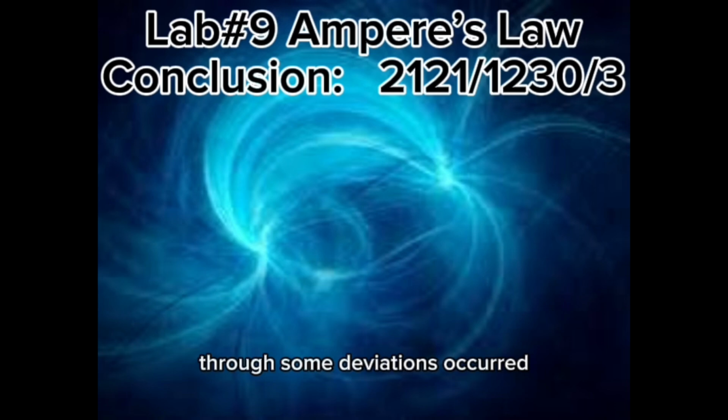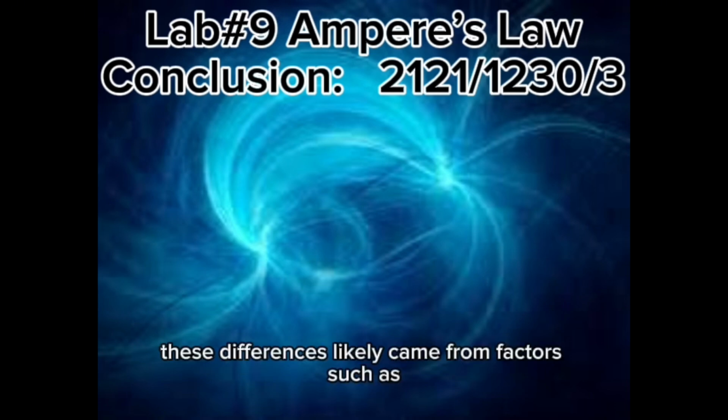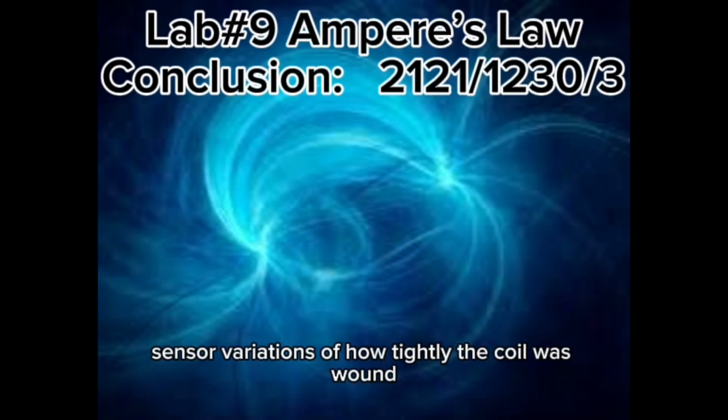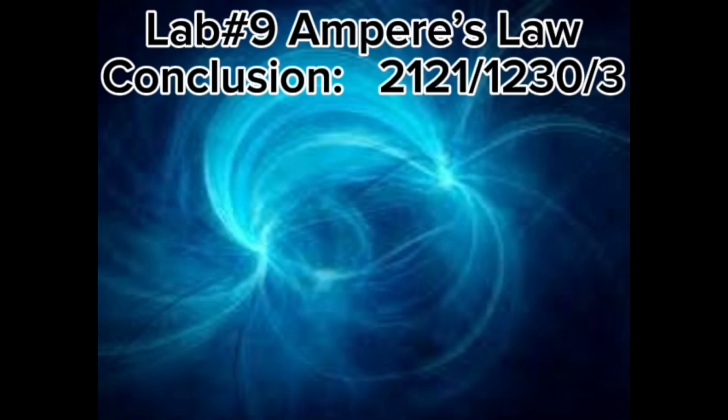Though some deviations occurred, these differences likely came from factors such as imperfect alignment of the magnetic field sensor, variations in how tightly the coil was wound, residual magnetic field in the room, and the limits in the sensor precision.